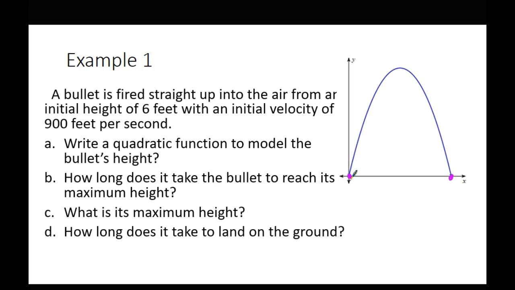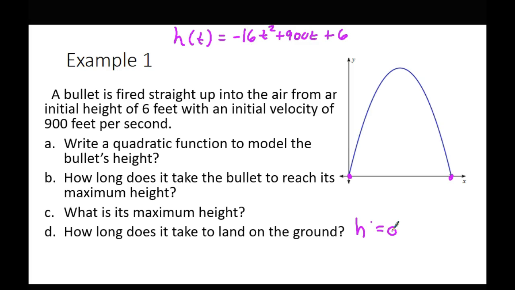But the one we care about is the one over here, correct? Okay, so here's my formula, right? We have h of t equals negative 16 t squared plus 900 t, what is it, plus 6? What equals 0? h equals 0, right?